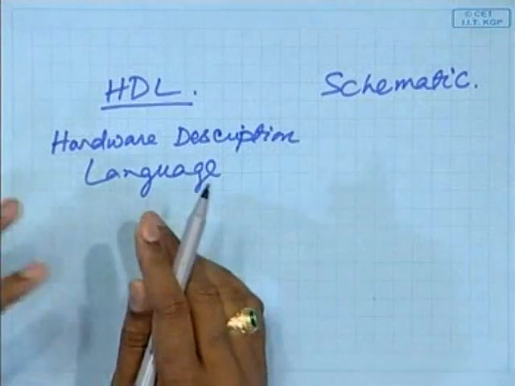Broadly speaking, HDL is divided into two parts: Verilog HDL and VHDL. I will talk more about Verilog, not VHDL. You can study VHDL, which is similar to Verilog.